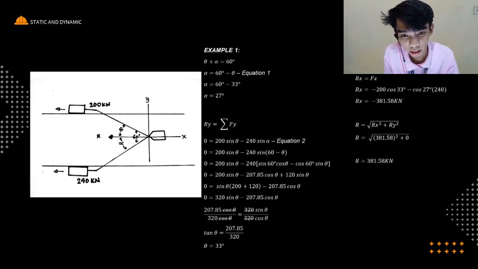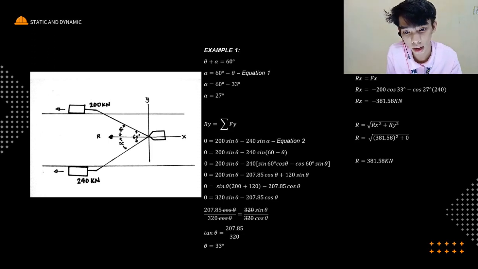So, magiging sin theta over cosine theta is equal to 207.85 over 320. Mapapansin naman po natin na yung sin over cosine is equal to tangent. So, tangent theta is equal to 207.85 over 320. So, shift tangent, ang magiging sagot is 33 degrees.